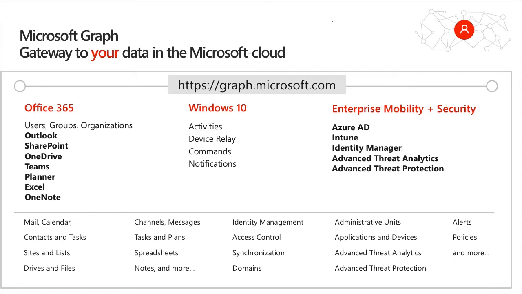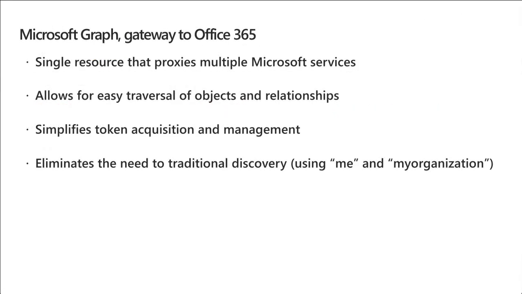And so we only need to get one OAuth token to authenticate and go to one endpoint to get access to all of this data, provided we have been given access to the underlying data sources. It's a single resource that proxies multiple Microsoft services and allows for easy traversal of different objects and relationships.